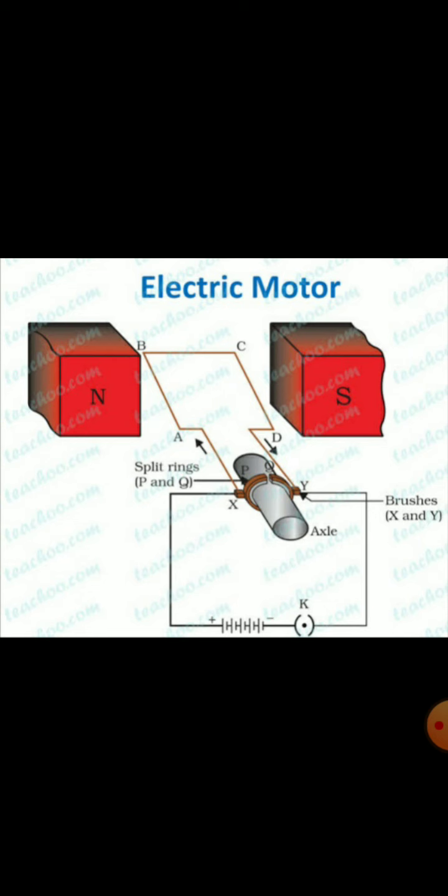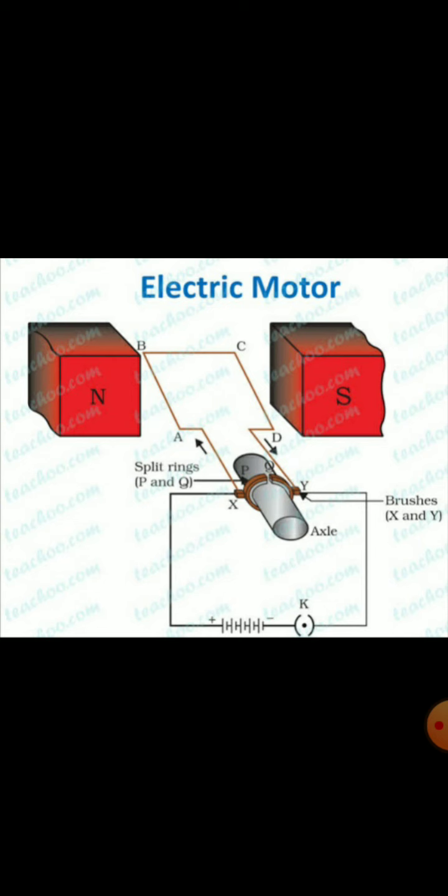So here we can clearly see two poles of a magnet, N and S. N for North Pole, S for South Pole is shown in the figure. And the rectangular coil is placed in between these two poles, right? But how is it placed?